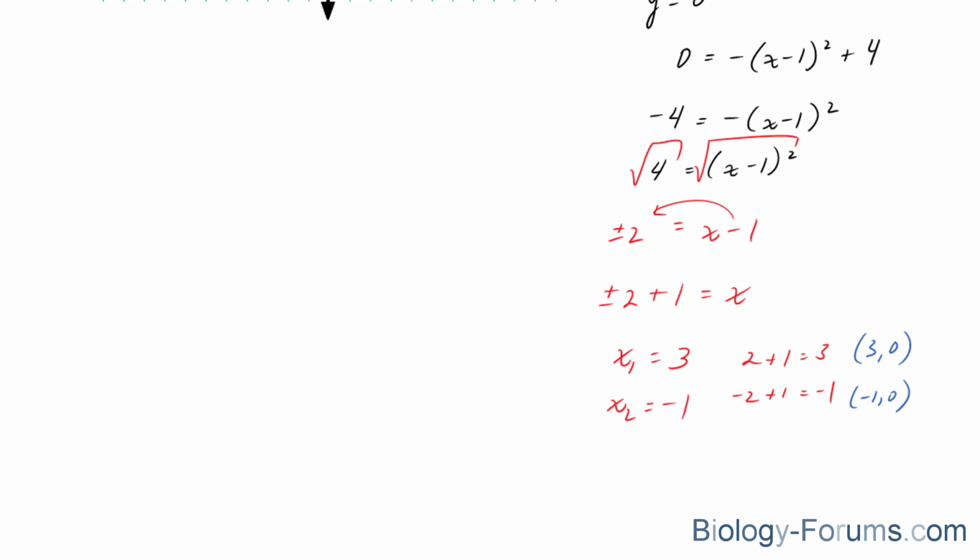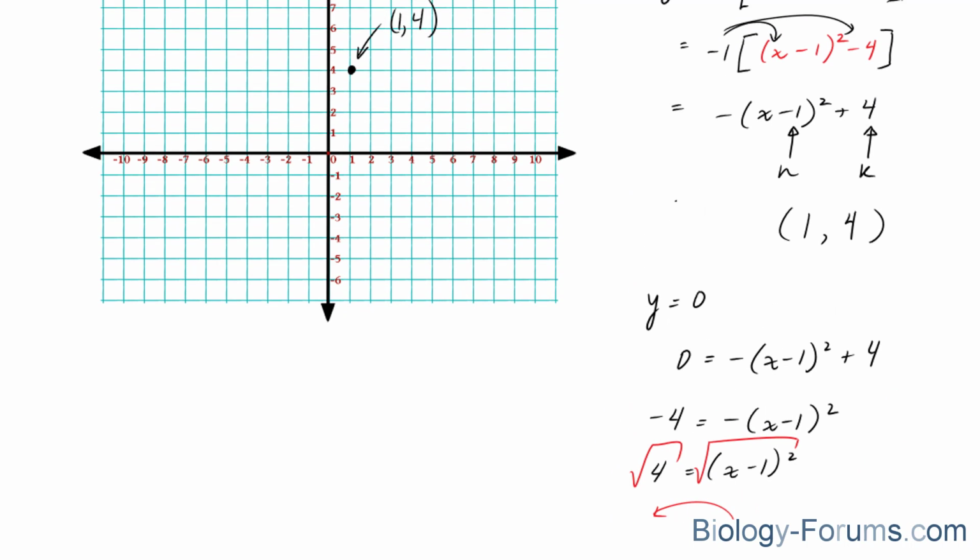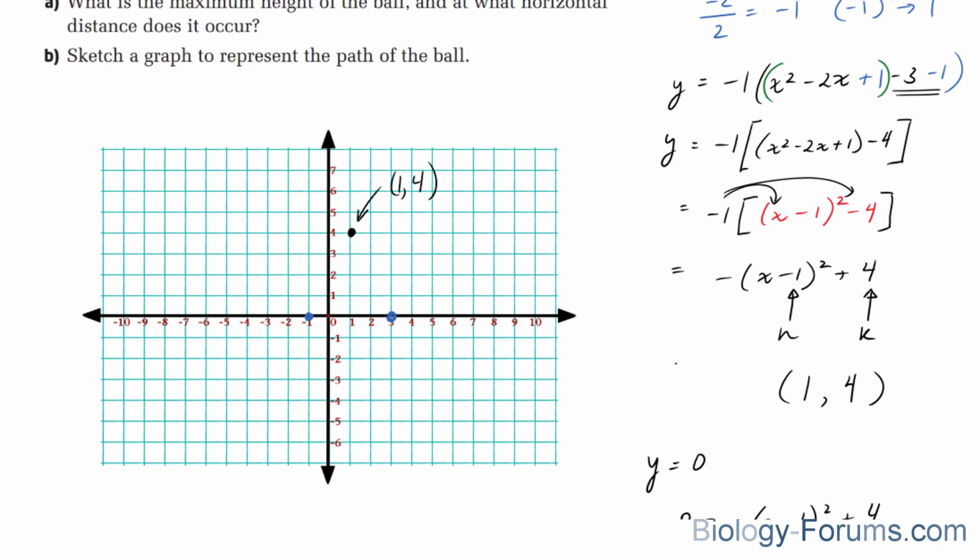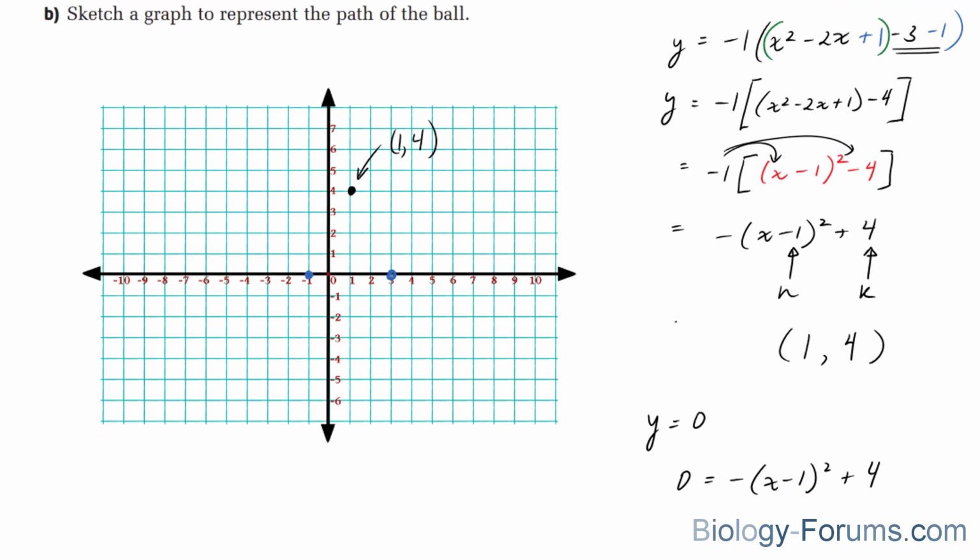Let's see if that makes sense with our graph. 3 and 0 would lie right here, and negative 1 and 0 would lie right here. So we're assuming that it went up, hit its maximum point, and went downwards. Now, since they want us to sketch the graph, we don't necessarily need to find the y-intercept, although it would be very easy and helpful if we did.